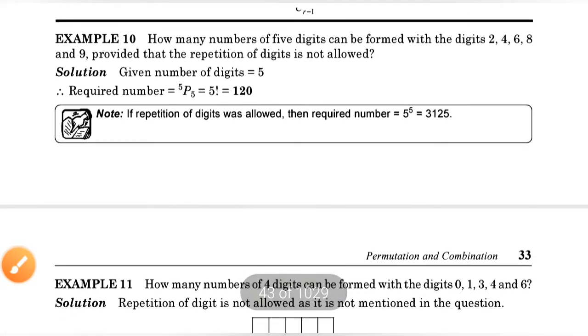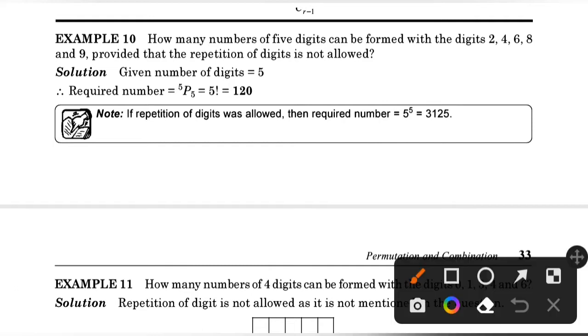Example number 10. How many numbers of 5 digits can be formed with the digits 2, 4, 6, 8 and 9, provided that the repetition of digits is not allowed? In this example repetition is not allowed, and we know that if repetition of digits is not allowed, then we use the formula n factorial over n minus r factorial.